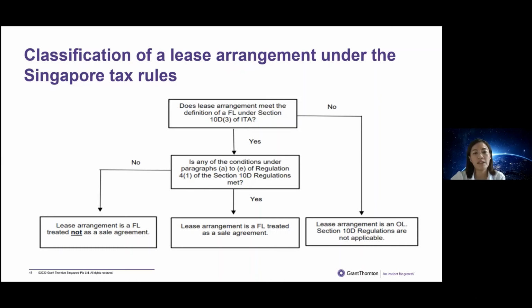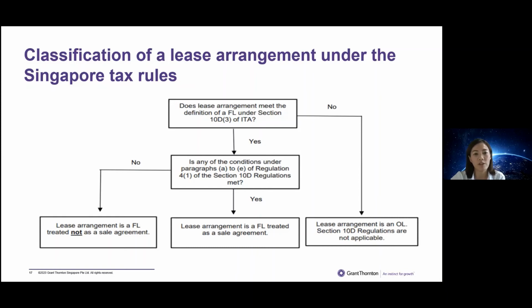If the lease is a finance lease for tax purposes, as you will see in the next slide's definition, finance lease is very broad. So that in itself is not good enough to determine the tax treatment. We have to go through a series of conditions and questions to ask under regulation 4.1 of 10D.